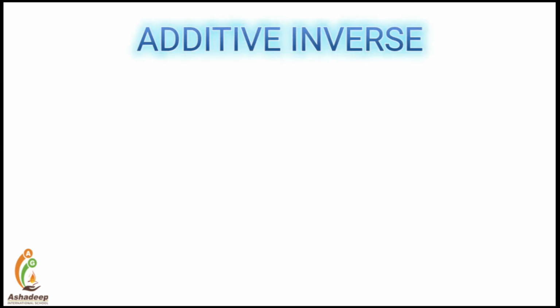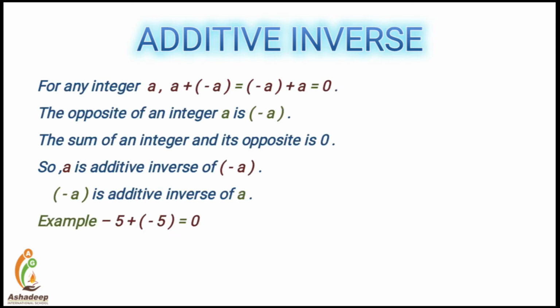Then next is additive inverse. For any integer a, a plus minus a or minus a plus a is 0. It means if we add a number to its opposite number, then we will get 0. So how can we find the opposite of any number?